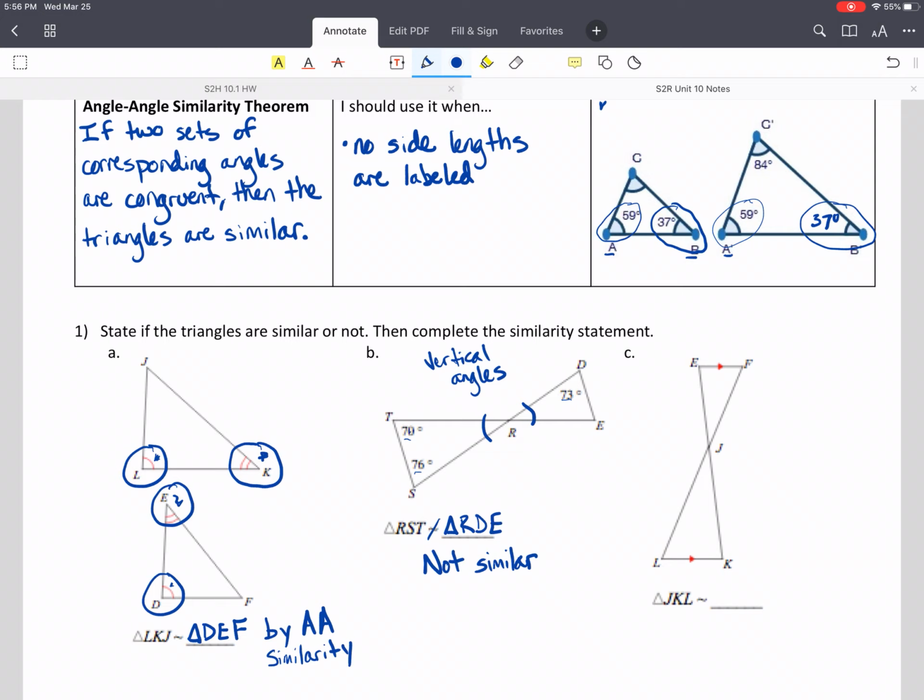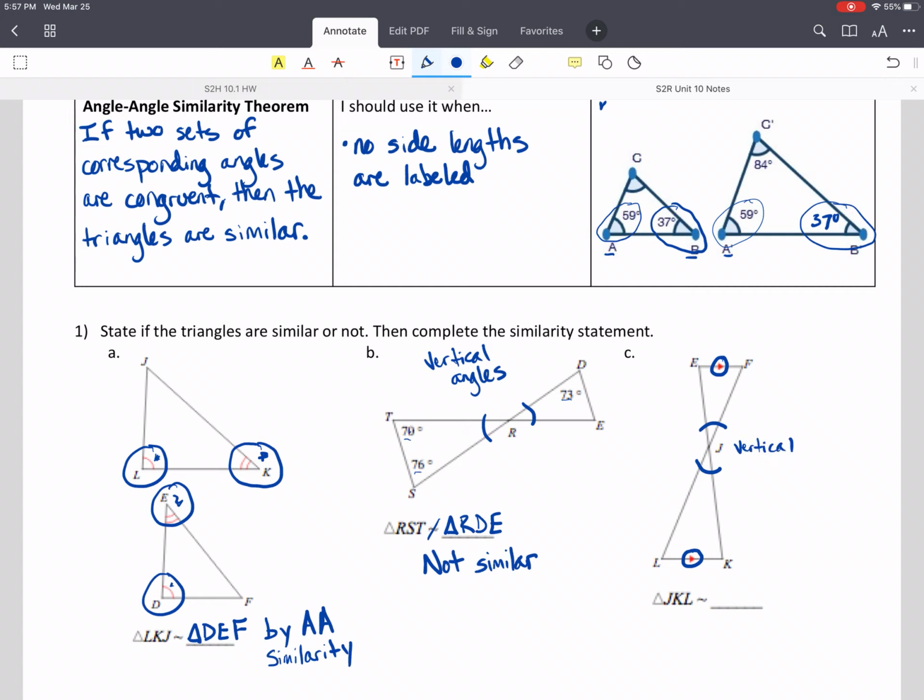Okay, example C, just a reminder, here we have some parallel lines. And so we're going to be using parallel line relationships, which it's probably been a hot second since you've thought about those. First thing I see, I got some vertical angles going on. So vertical.